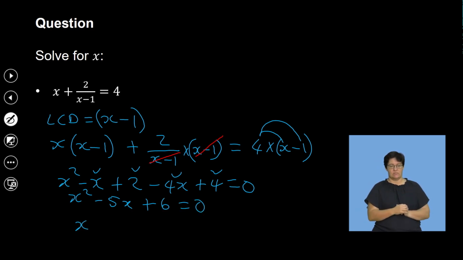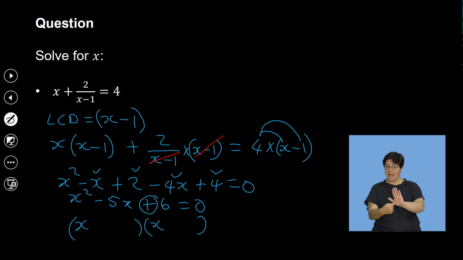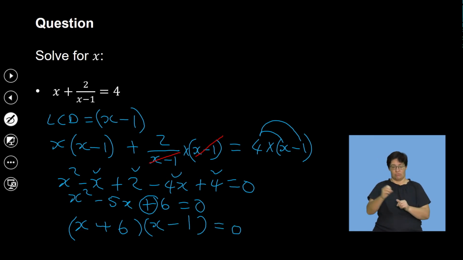And then I need to factorize this quickly, it will be x and x. I need the factors of 6 such that they give me 5, but my signs must be a negative and a negative, right? So that will either give me plus 6 and minus 1 equal to 0. The 6 must be a negative, sorry about that.